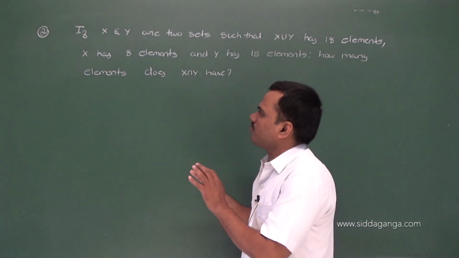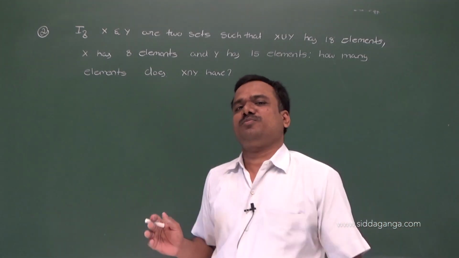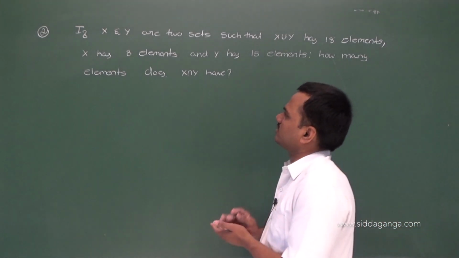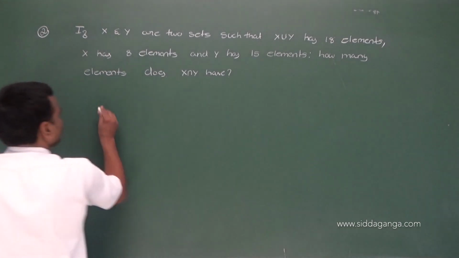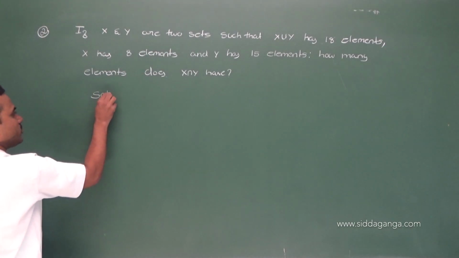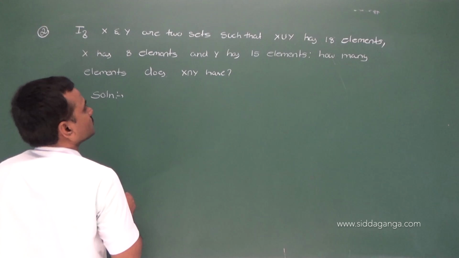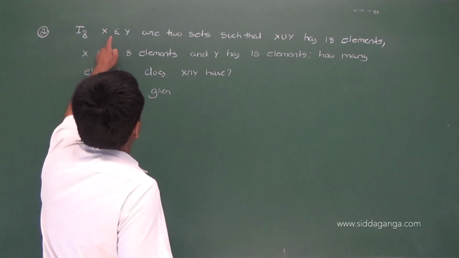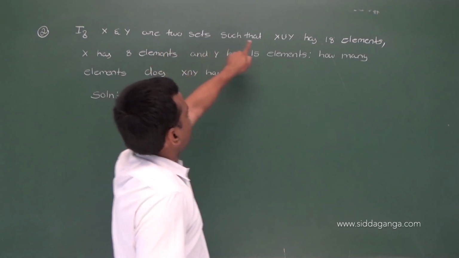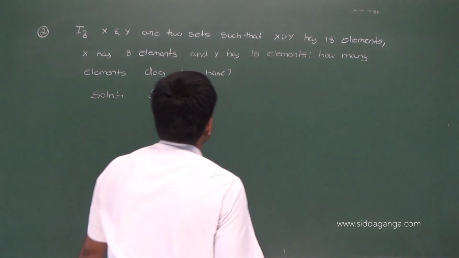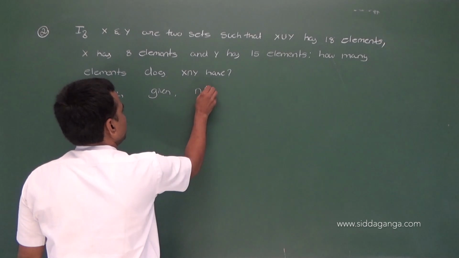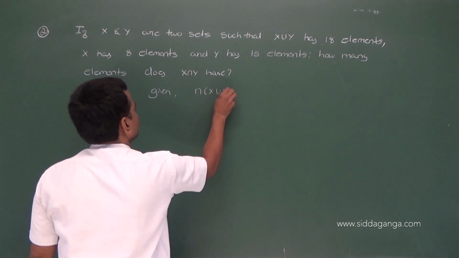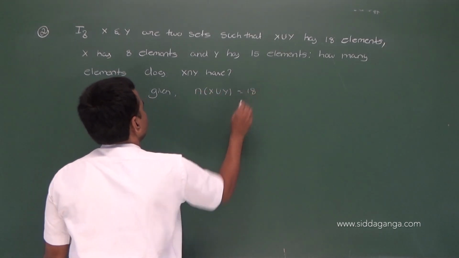Same type of problem that we discussed in the previous problem, correct? Okay, so solution. Given, X and Y are two sets such that X union Y has 18 elements. That means n of X union Y is equal to 18.